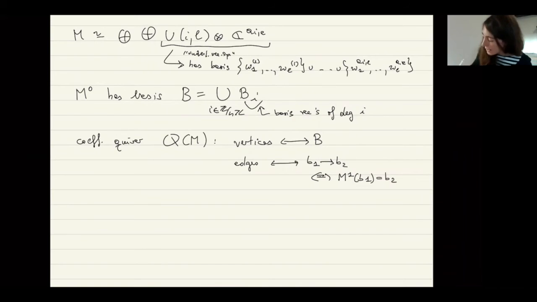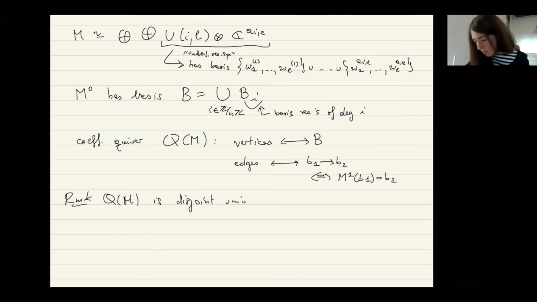So I realize that Q_M is nothing but a disjoint union of U_{i,L} segments or strings, one for each indecomposable summand. So I have this graph, and it has a lot of connected components, one for each indecomposable summand.